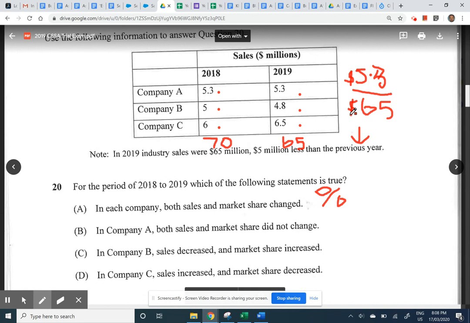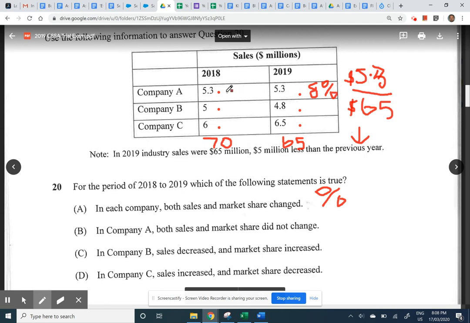we get, sorry, one sec. About 8%. Okay. All right, it's about 8.1%.